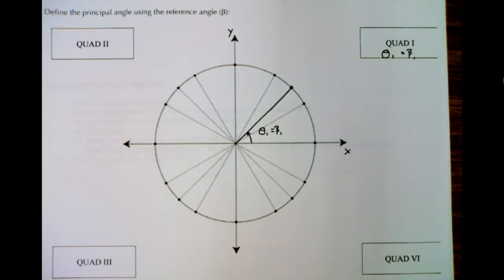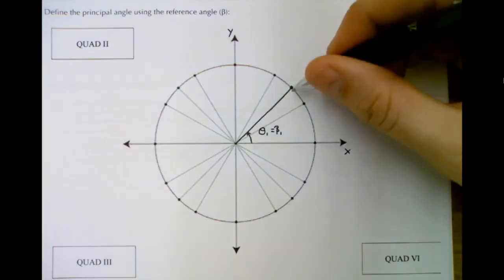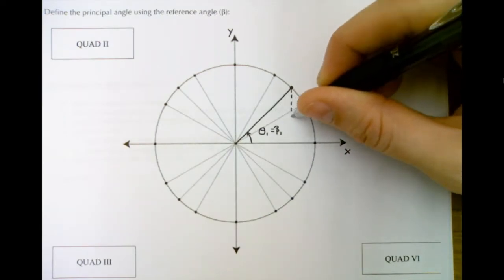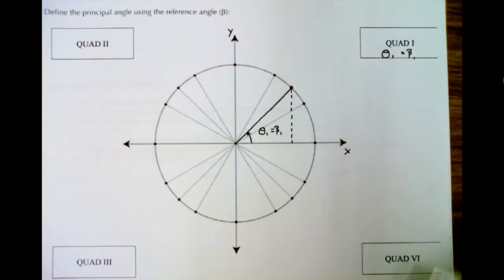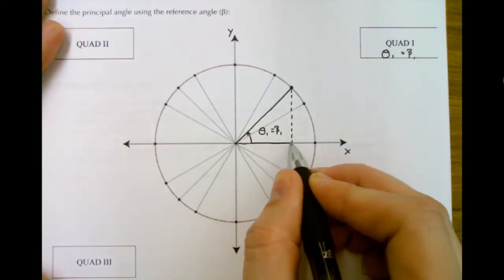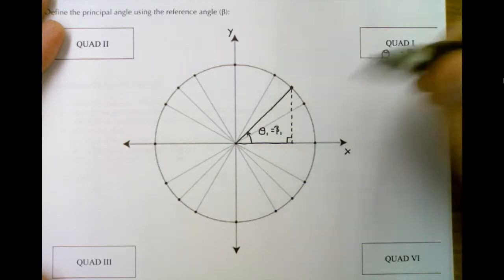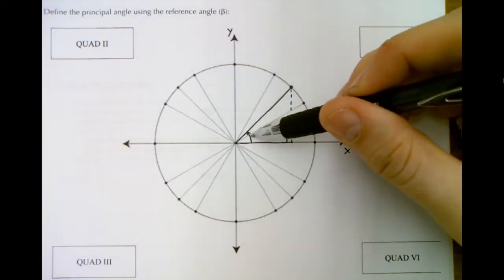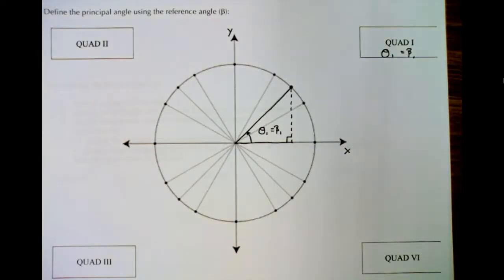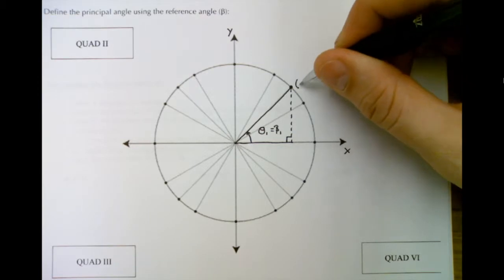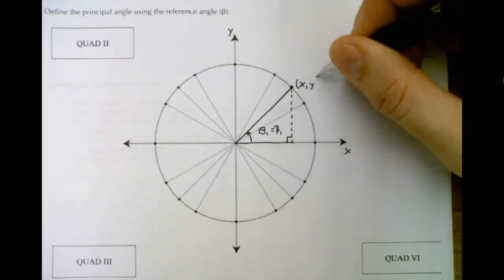And if I were to draw the 3 sides of a triangle that create this angle, I could drop a side here and draw a side along the Cartesian plane, and what that does is it creates a right angle in the first quadrant and allows us to define our angle. Well, what do we know? On here we would have a point x and y.